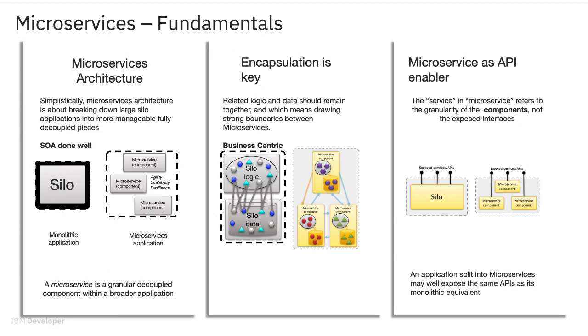When you migrate that, or when it is rewritten in a microservices style, you can maintain the same API, but it may be spread across multiple microservices. So APIs and microservices don't have to be at the same granularity. They can be, but in some cases it may make more sense to have one API spread among multiple microservices.